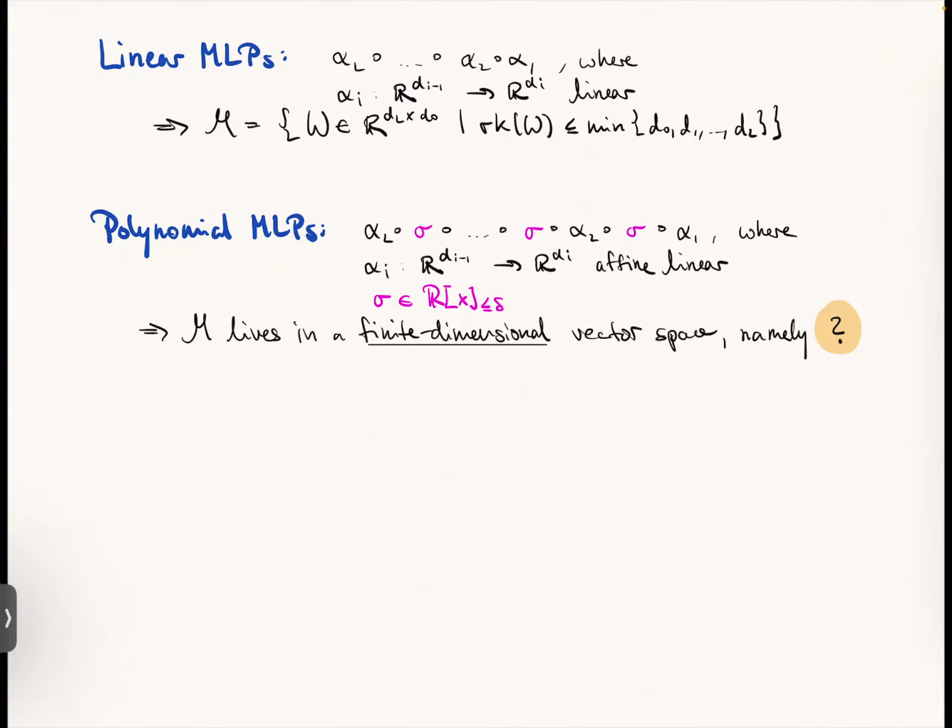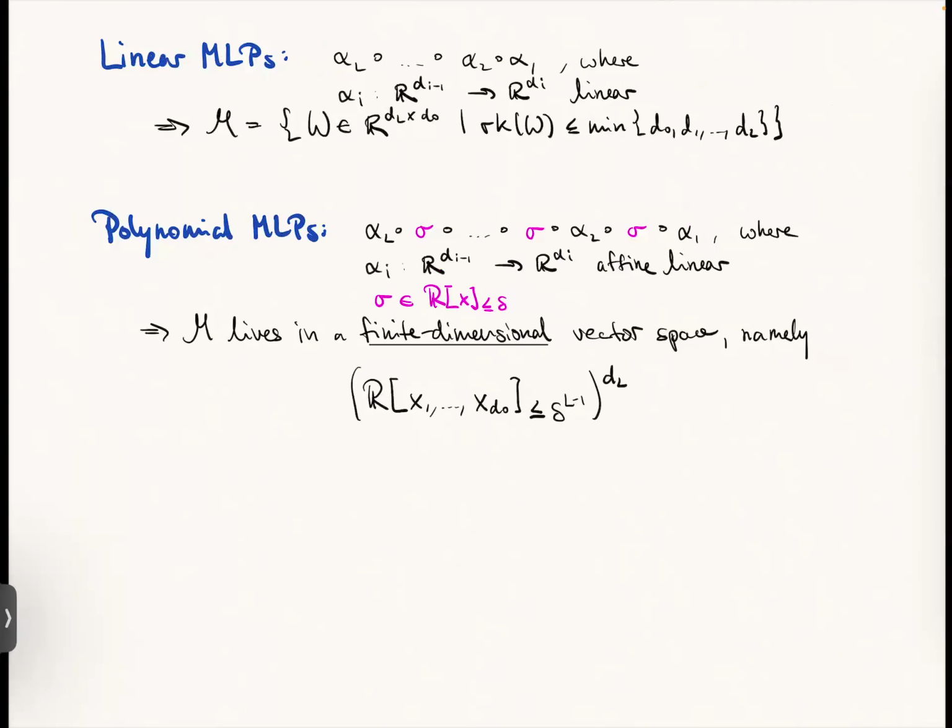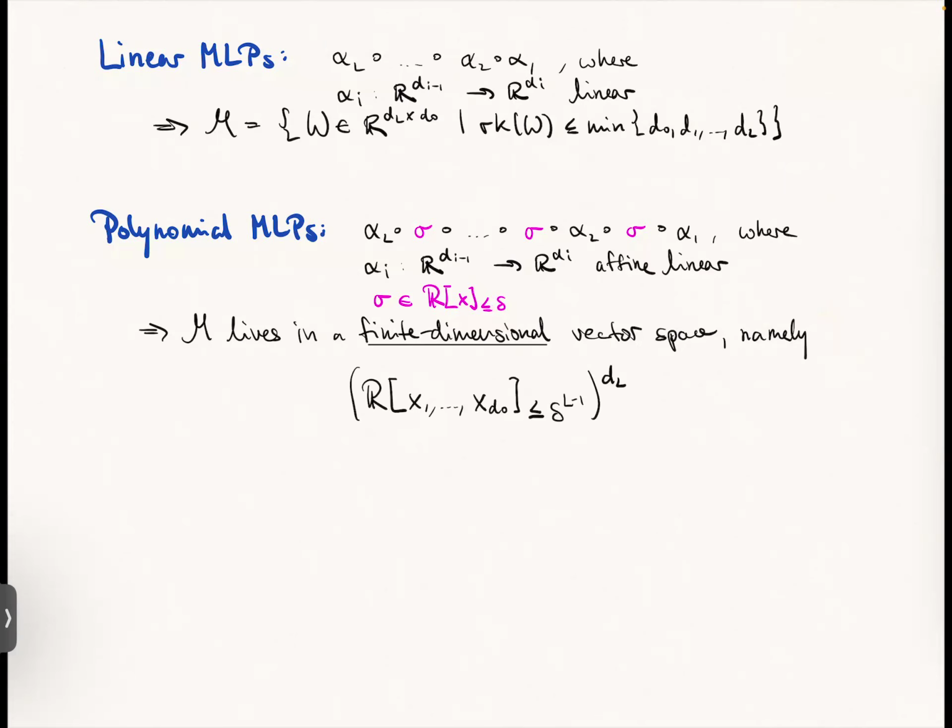I just wanted you to think about it for a second, because if you just write this formula, it looks a little bit ugly, but somehow my input variables are just D0, the number of inputs that the first layer has. So I have this many actual input variables, if you think about the previous examples. But for every output of the network, there is its own polynomial function.